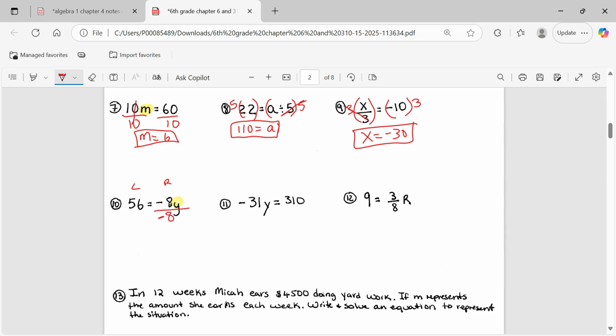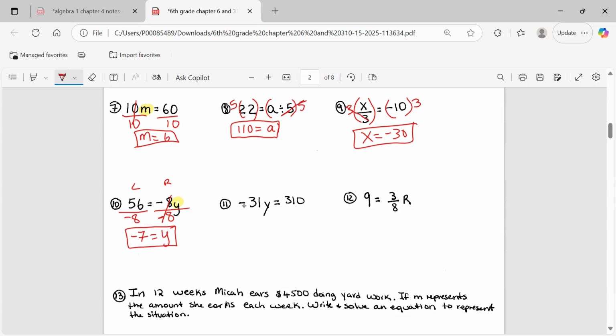And I will divide by negative 8 because my y needs to be positive. So I divide both sides by negative 8. The 8 will cancel out on the right. Now 56 divided by negative 8 is going to give us negative 7. And all I have left is the y. So your y is equal to negative 7. And negative 7 is equal to y.